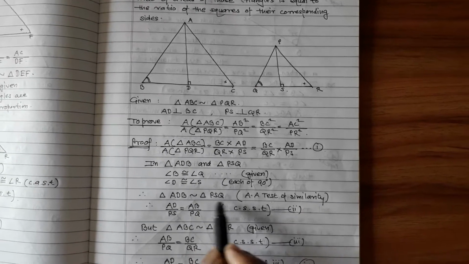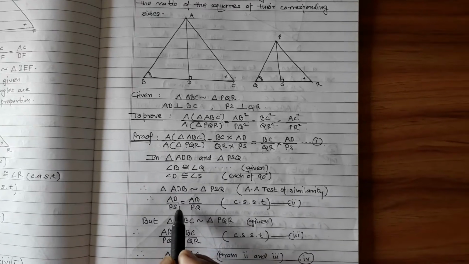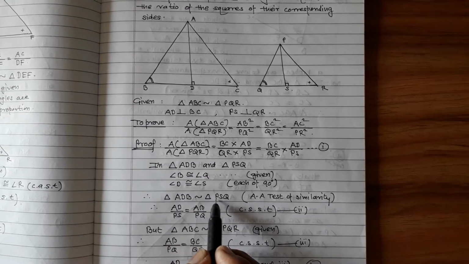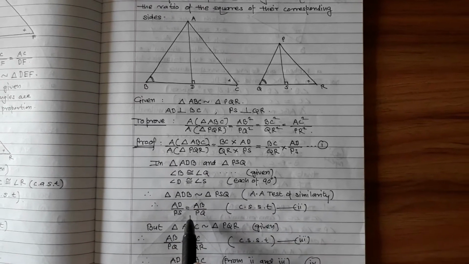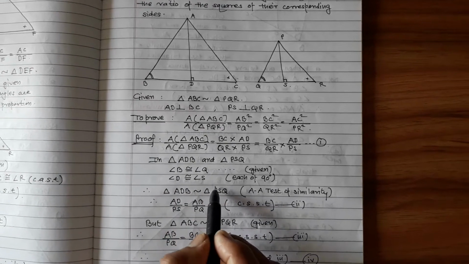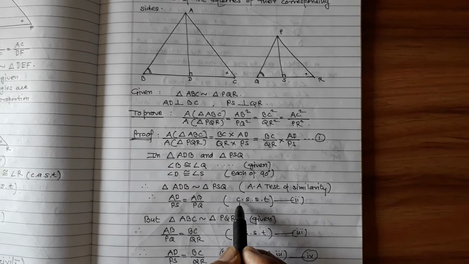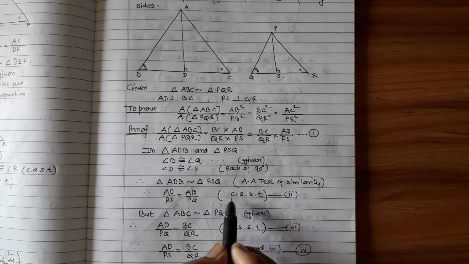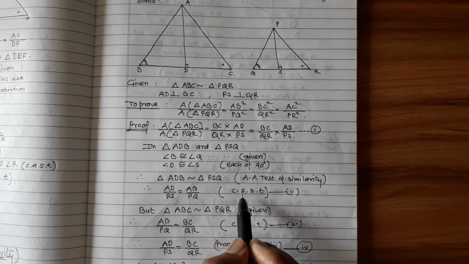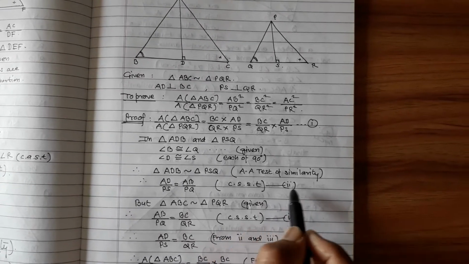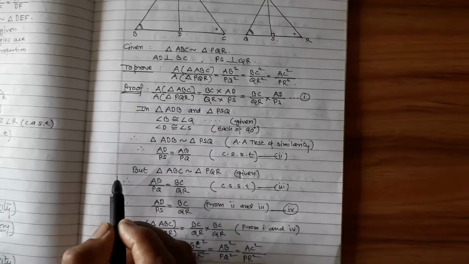And therefore AD upon PS is equal to AB upon PQ. Write down the reason: CSST, that means corresponding sides of similar triangles. Statement number 2.